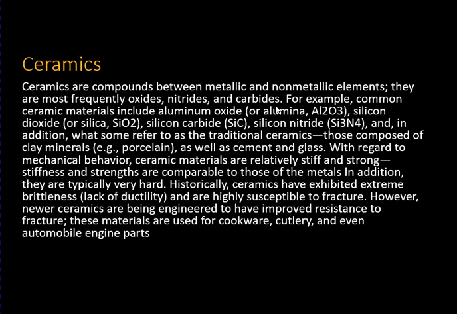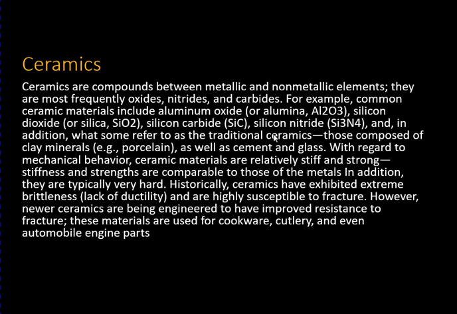are ceramics. For example, common ceramic materials include aluminum oxide, or alumina, with the formula Al2O3, silicon dioxide or silica, silicon carbide, silicon nitride, and in addition, what some refer to as traditional ceramics.